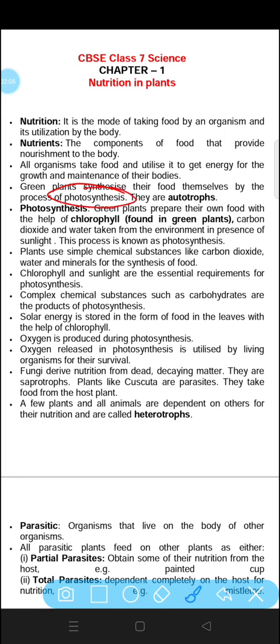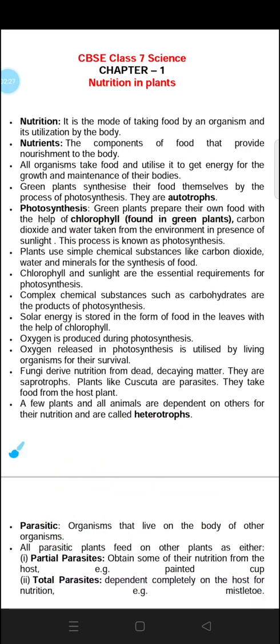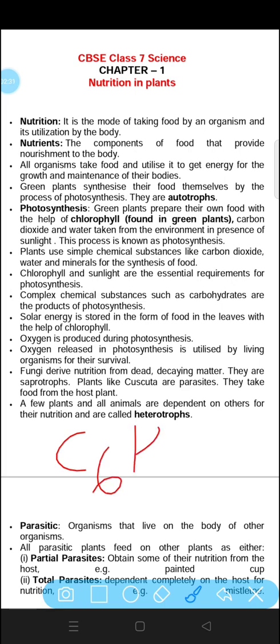Now, what is photosynthesis? Photosynthesis is a process by which green plants prepare their own food with the help of chlorophyll. Green plants prepare their food with carbon dioxide plus water in the presence of chlorophyll and sunlight. And finally, the product that we obtain from photosynthesis is C6H12O6, and this is glucose.